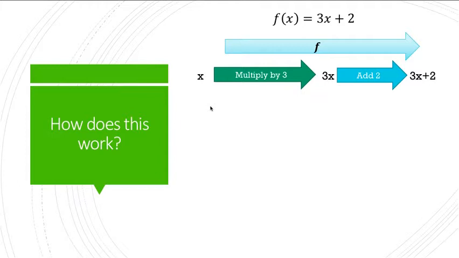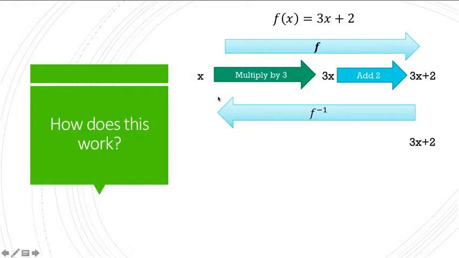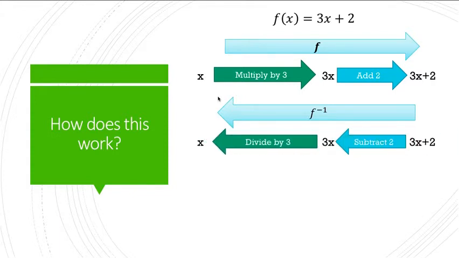If I'm working through my inverse function, the little -1 means inverse, so this is f inverse, or the inverse of function f. That means moving in the opposite direction, to undo what we just did. First, since I added 2 before, I would subtract 2, which gets me back to 3x, and then divide by 3, which gets me back to x.